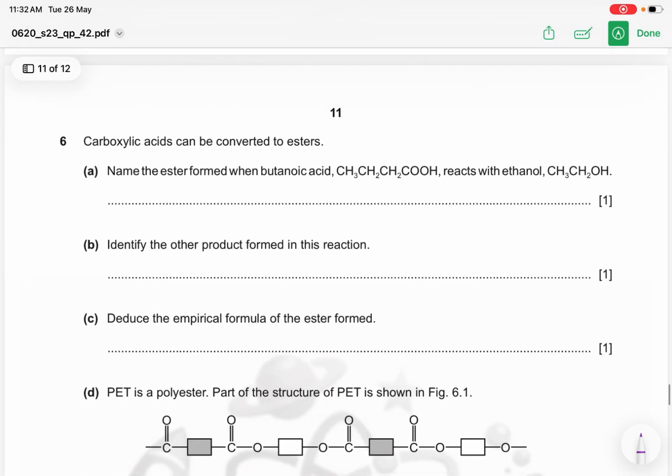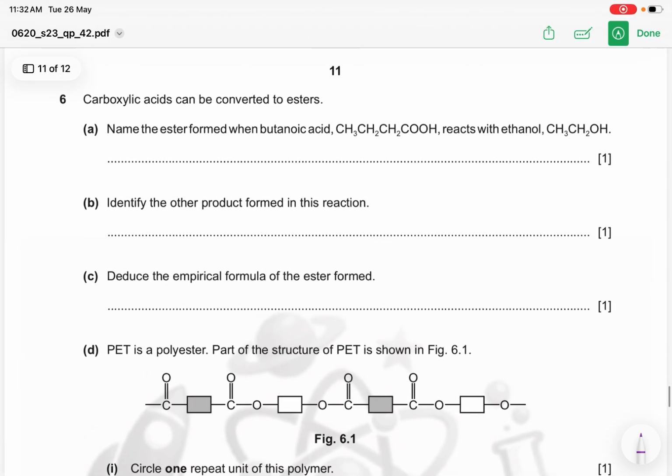Next, question number 6. Carboxylic acids can be converted to esters. Name the ester formed when butanoic acid, formula is also given to us, reacts with ethanol. While naming the ester, we always name the alcohol first. The alcohol we have used here is ethanol, so it will get converted to ethyl.